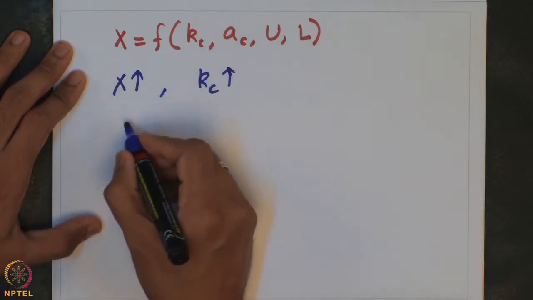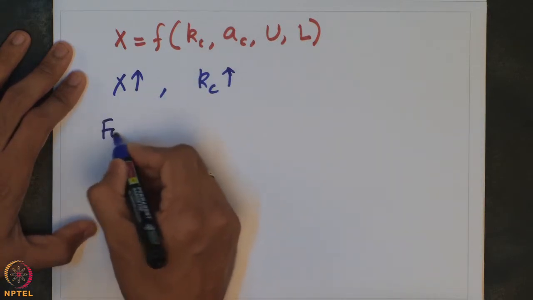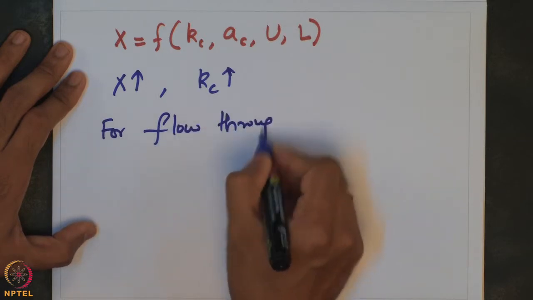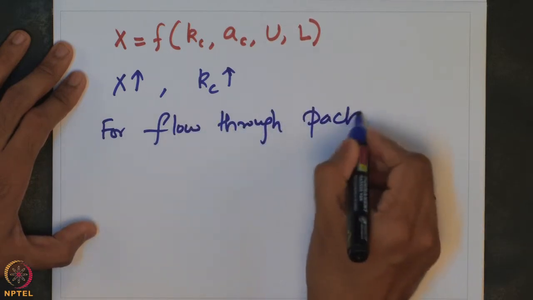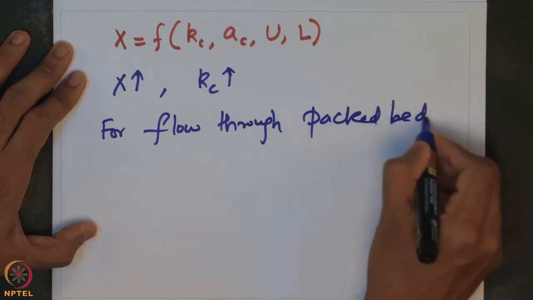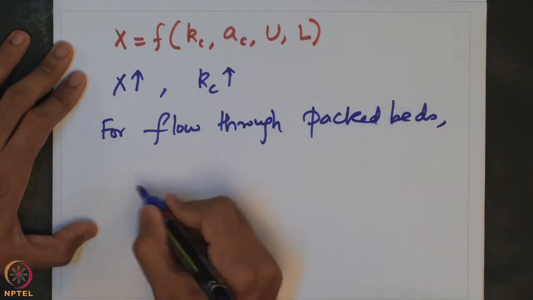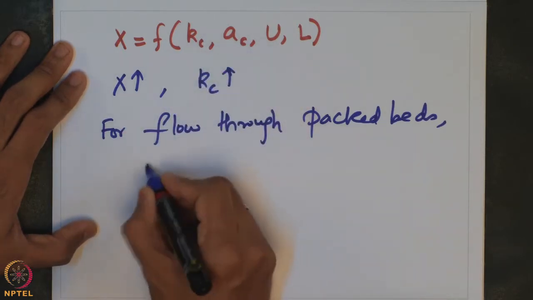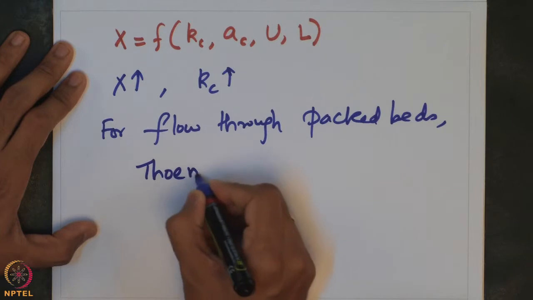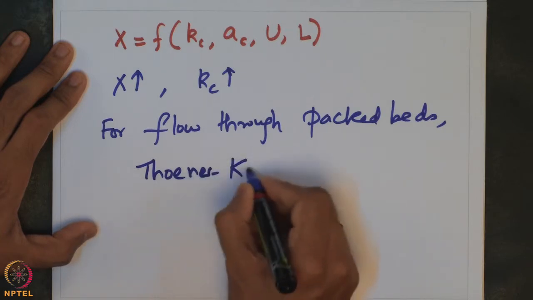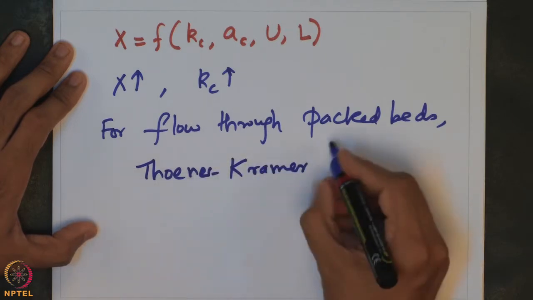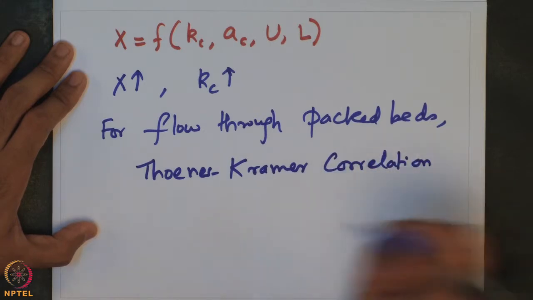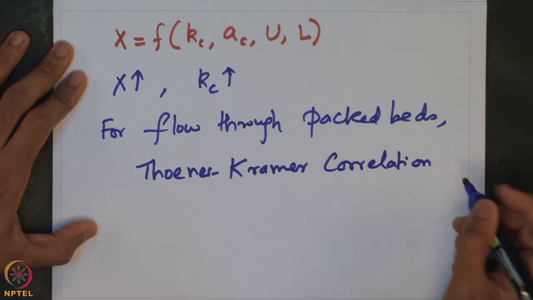There are specific correlations available for flow through beds. For flow through packed beds, the correlation which captures the mass transport coefficient is the famous Thoenes-Kramers correlation. In fact, this correlation is valid for fluidized bed reactors as well.